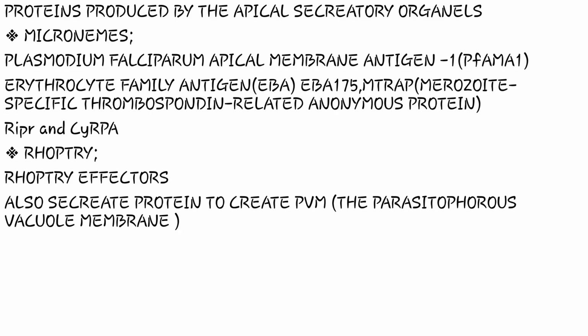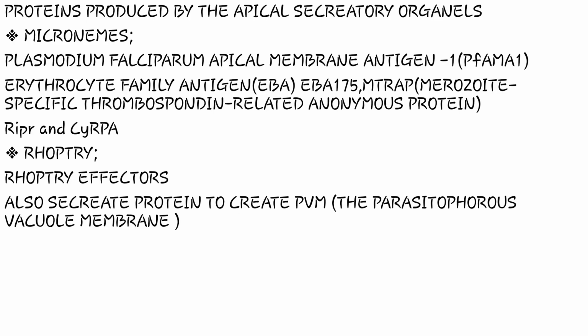So we see here, during the invasion, I've already explained that there are micronemes and a Rhoptry at the apical end of this Plasmodium falciparum, but we see proteins produced by the apical secretory organelles. What are the proteins produced by the apical secretory organelles? Those apical secretory organelles we have already seen are the micronemes and the Rhoptry.